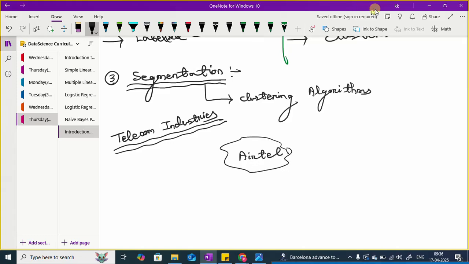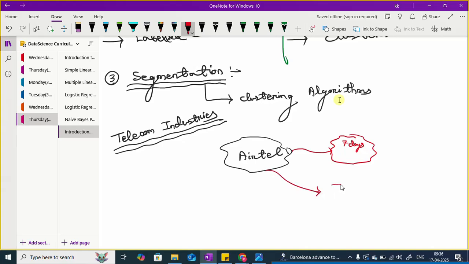Don't think that the customers using the Airtel SIM are all the same category. It's not like all people do a recharge once a year. There may be a weekly recharge facility. A few people may be doing weekly, meaning 7 days, and then again they recharge.